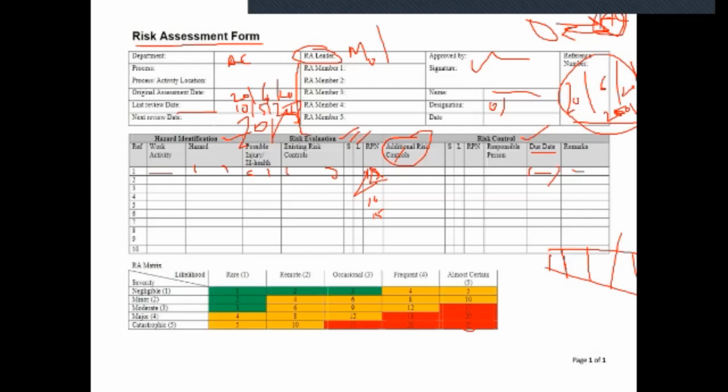Then a risk evaluation is done and a risk control, after which you arrange the fencing properly. Then they start the work. When you finish the fencing, by the due days, they provide maybe 25 something, for example.